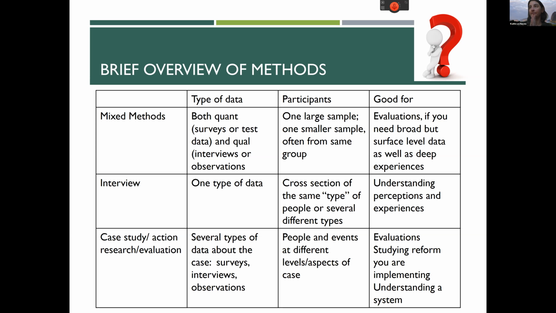Interview methods is one type of data. You just do interviews of people. Usually it is a cross section of the same type of people across several different institutions. So for example, a study of the experiences of Black principals, right? So that person would be interviewing Black principals across a number of schools.